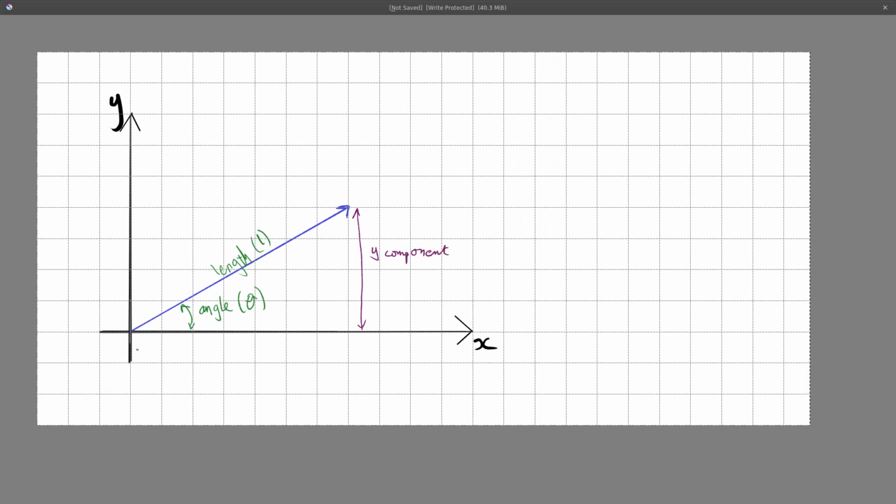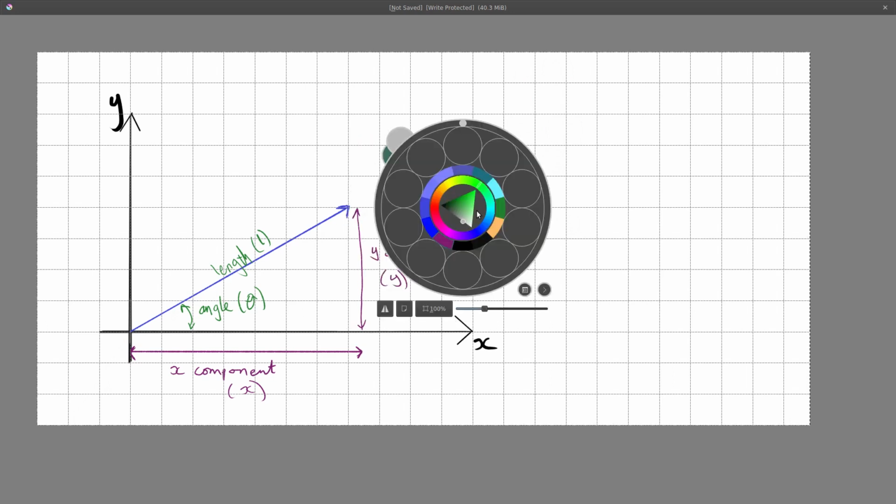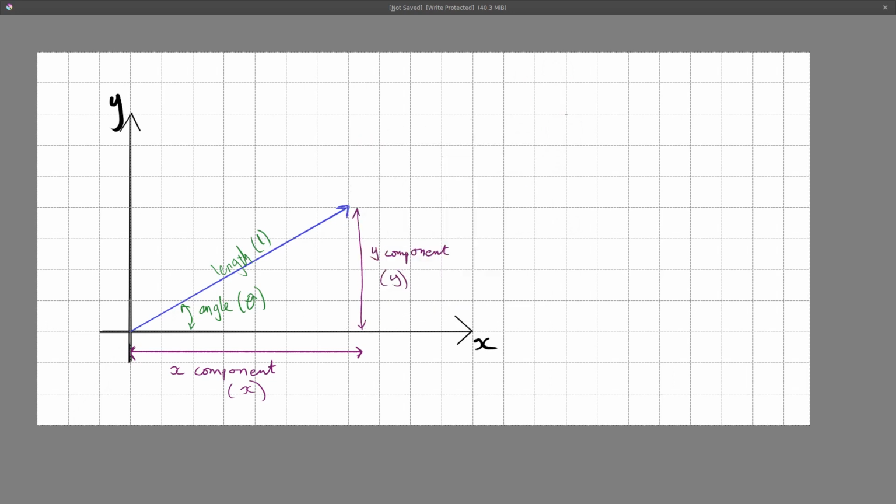So the y component is a vertical component and the x component is a horizontal component. Let's call the value of the y component y, and let's call the value of the x component x.